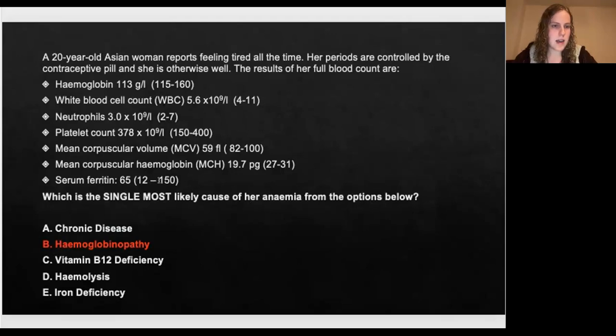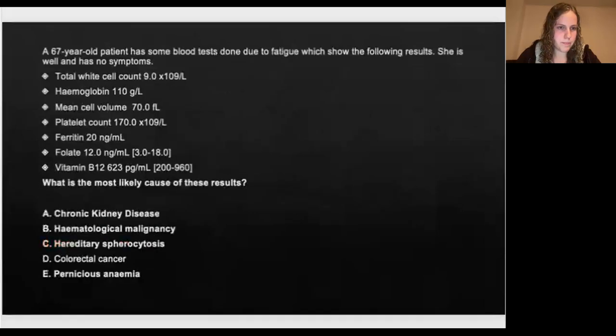And the serum ferritin is not really low, so it's not really likely to be iron deficiency. And the main two causes of microcytic anemia are hemoglobinopathy and iron deficiency. And I'll go through what the other ones would be later in the diagram, so don't worry about that. Okay, next one.